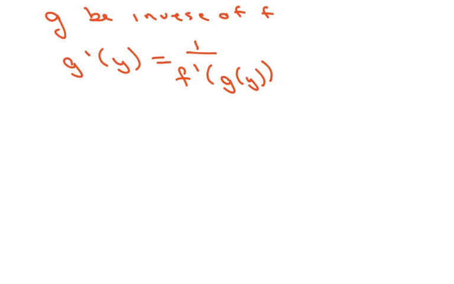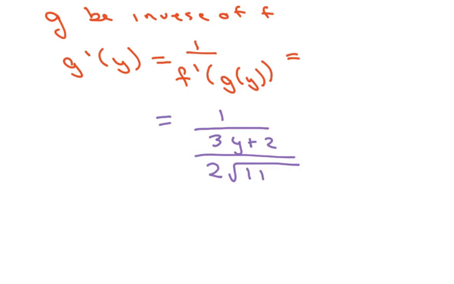So that's going to equal 1 over, and we have to switch the x's and the y's, so we're going to get 3y plus 2 over 2 times the square root of 1 plus y.